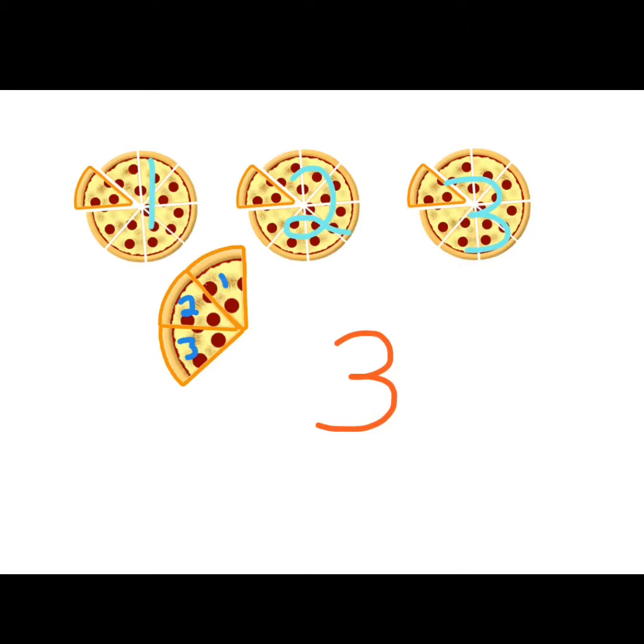So we had 3 slices out of how many slices were in each pizza? Well, remember we had 1, 2, 3, 4, 5, 6, 7, 8. So that means our denominator is 8. So we would say that there were 3 whole pizzas eaten and 3 out of 8 slices from the other one.